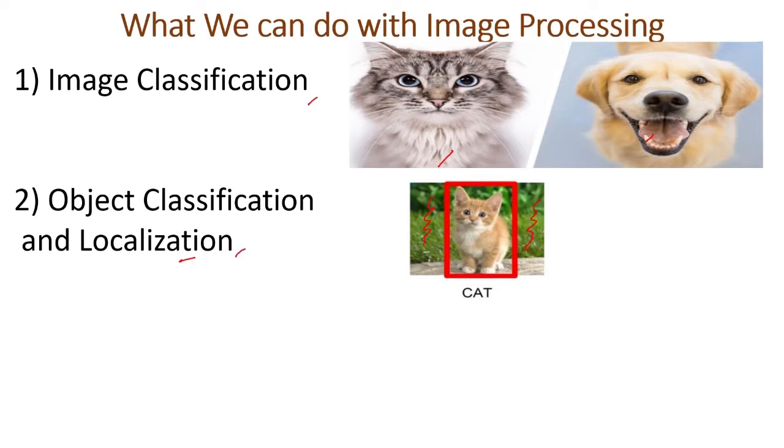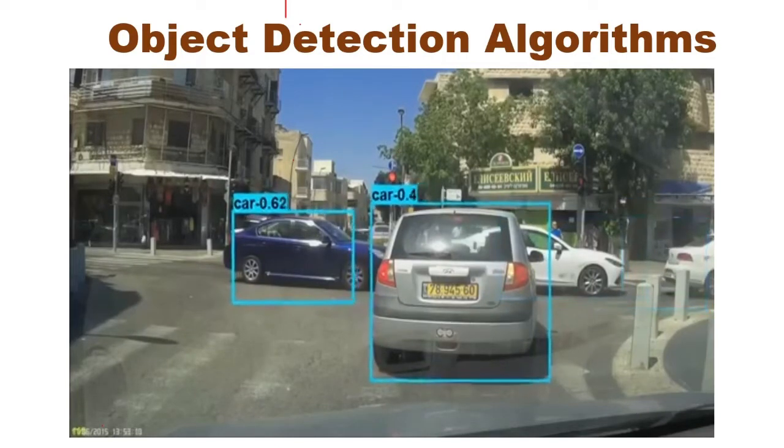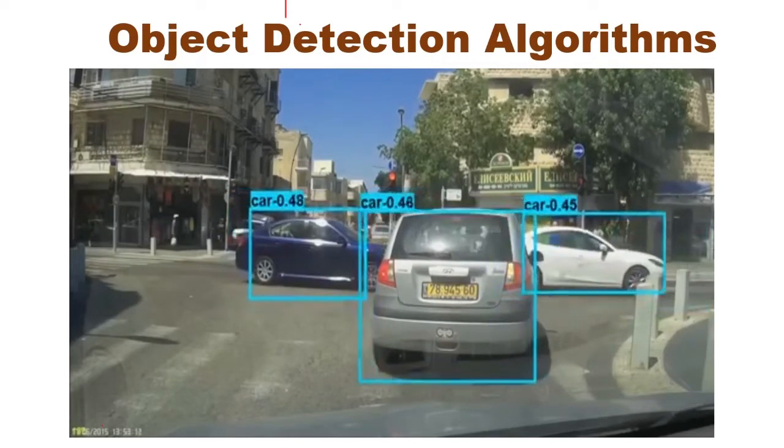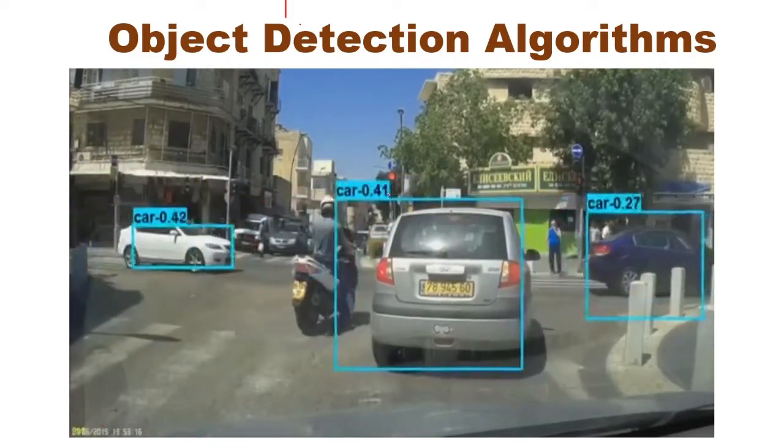So this is a type of object detection. We can't say this is detecting a dog. It is classifying this image as a dog, but it is not detecting where the dog is, because the dog is here. This is a bounding box, and here we have a percentage, which is the confidence score.